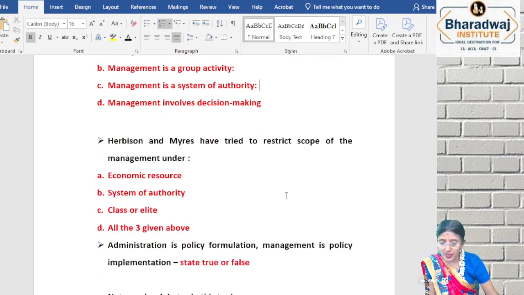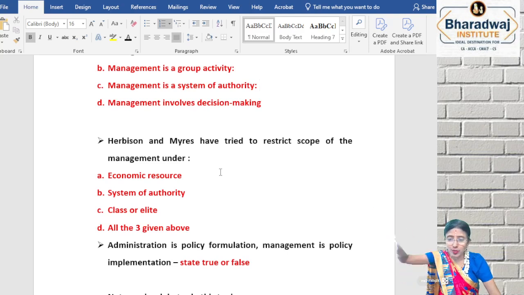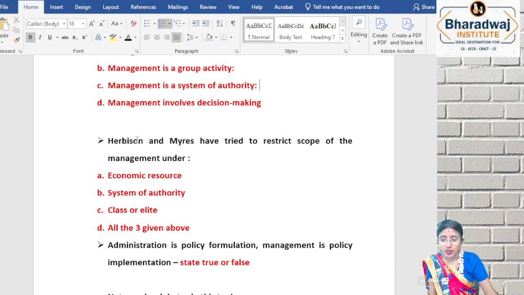Harbison and Myers have tried to restrict the scope of management under economic resource, under system of authority, under class or allied, all the three given above. Very important question for the examination. Randomly you gave or you know?